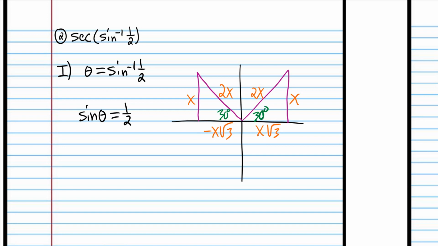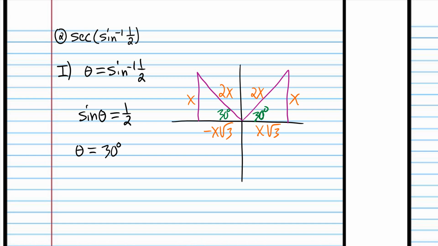So notice that the opposite sides are positive, and that's why the triangles are in quadrant 1 and 2, because the hypotenuse is always positive. So if the ratio 1/2 is positive, then that means the green opposite side must be positive. So that's why we have these x's that are positive, and the triangles are in the first and second quadrants. So theta is going to be equal to 30.